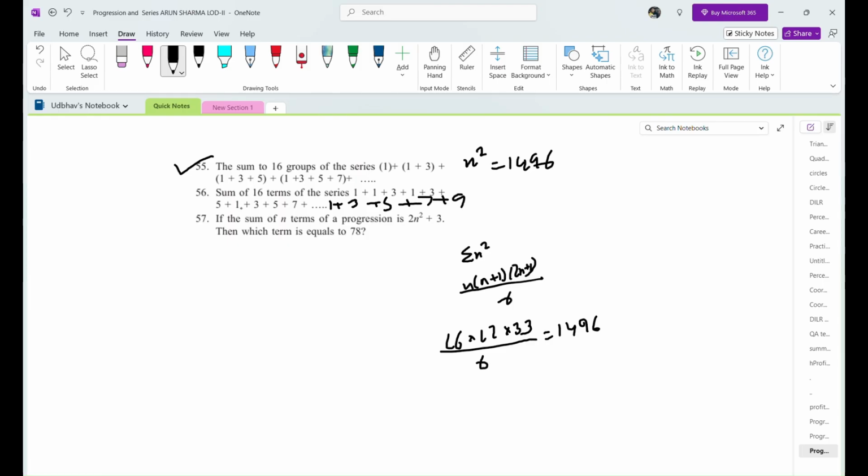Till here it is 15. So 1 plus 4 plus 9 plus 16 plus 1. Yeah, so 9 plus 16 is 25. 25 plus 4 is 29.